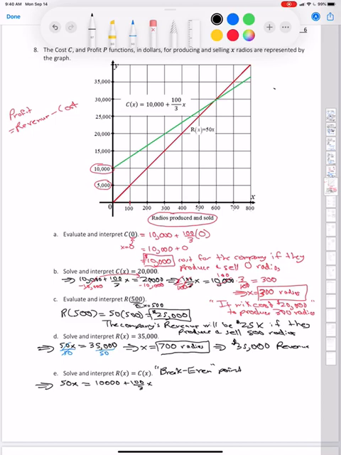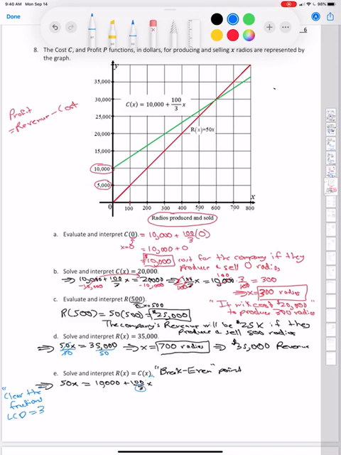Now, to make this problem a little easier, let's clear out the fractions. That's going to be my first step. So I'll make that note. Clear the fractions. To do that, we need our LCD, our least common denominator, which is 3.